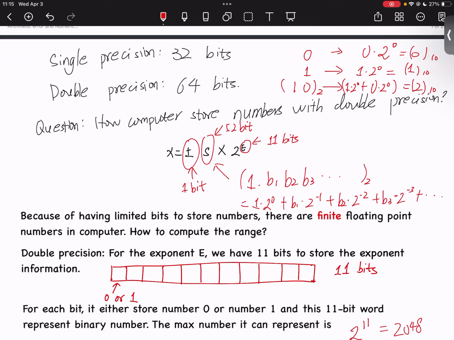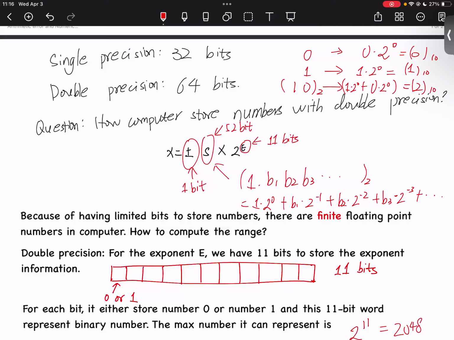Because B1, B2, B3 are 0 or 1, the smallest number it represents is just 1, when we take all the Bi to be 0. This is the smallest number S can represent.